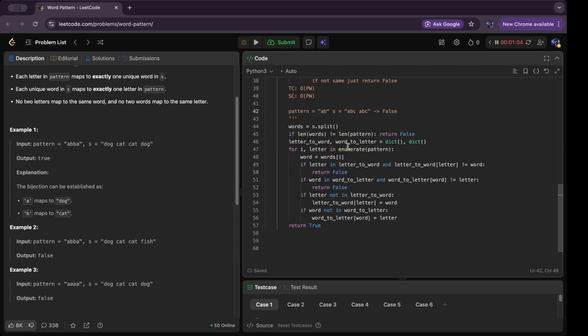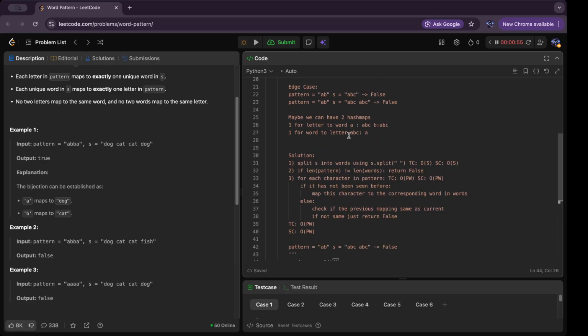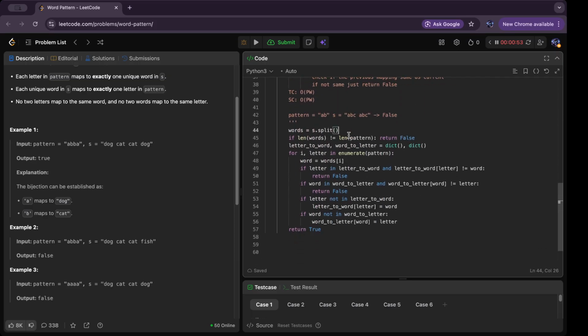Okay. Let's take a quick look through the syntax to make sure we didn't make any syntax errors. Words equals s.split. If length of words is not equal to length of pattern, return false. Letter to word, word to letter. For i, letter in enumerate pattern, word equals words of i. If letter is inside and the corresponding mapping is not the same as the current one, then return false.